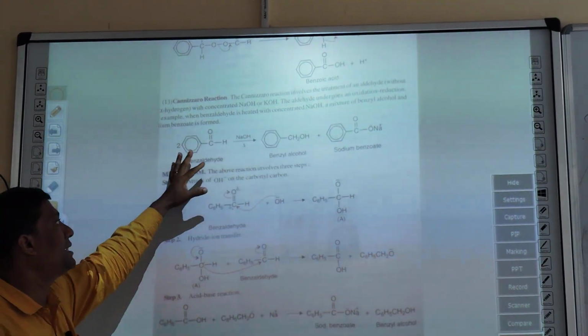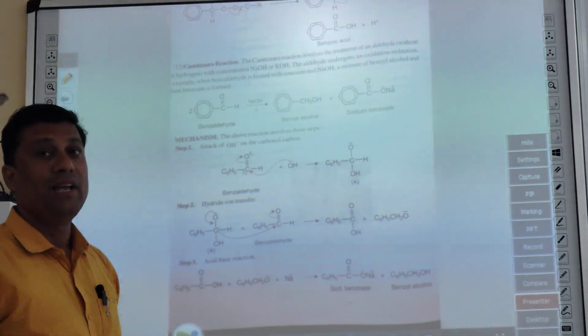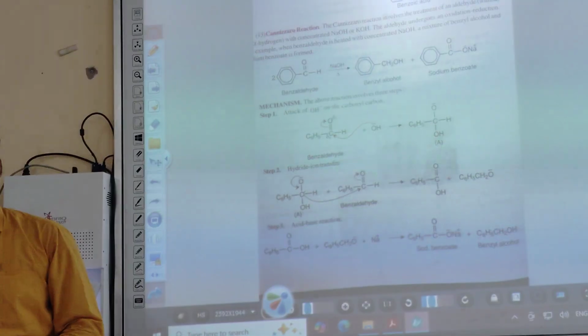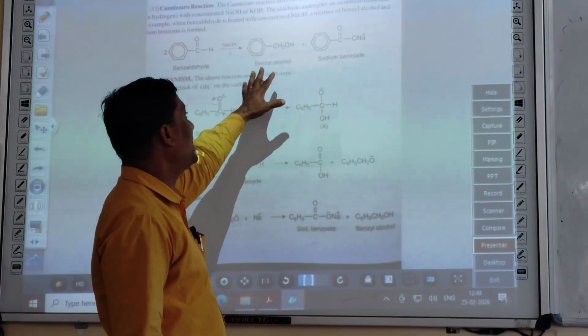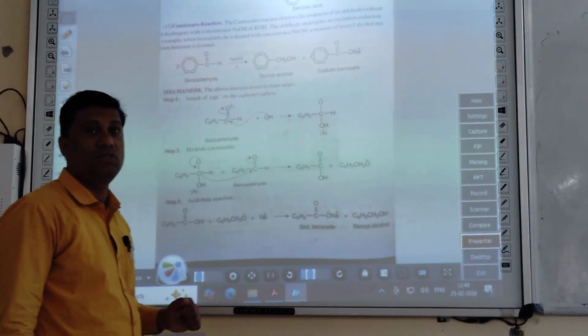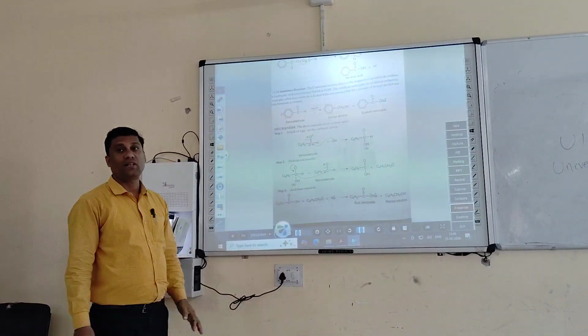But in benzaldehyde there is no alpha hydrogen atom. That's why it undergoes oxidation reduction reaction, and the products formed are benzyl alcohol and sodium benzoate. This is the overall Cannizzaro reaction.